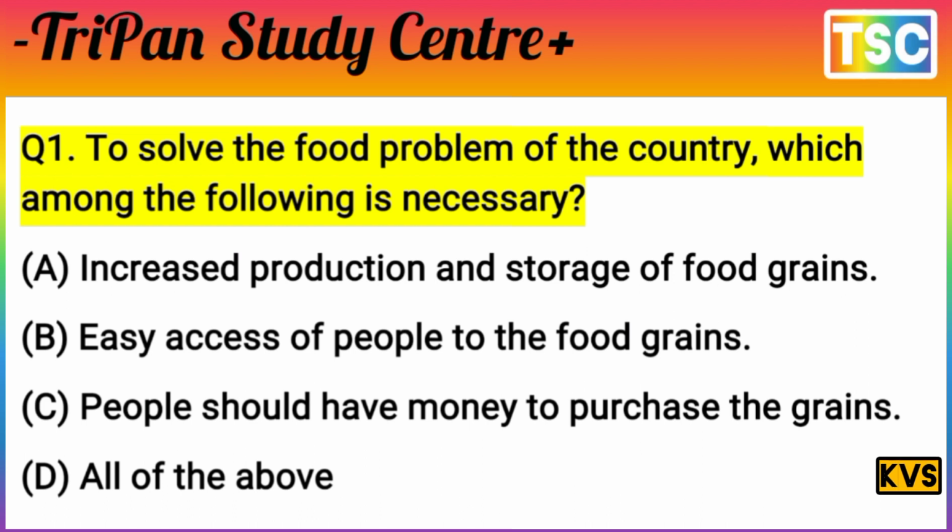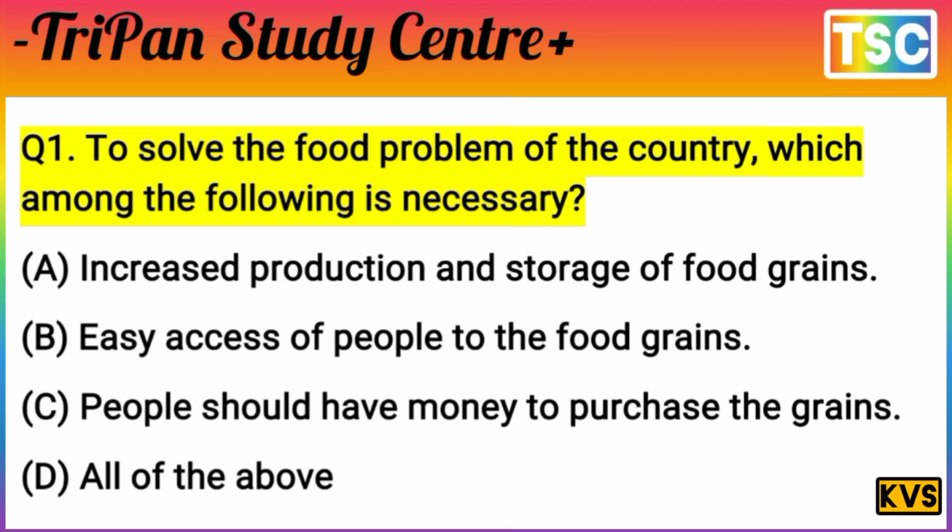The necessity is important, but one point is important. To solve the food problem of a country, there should be an increase in the production and storage of food grain, easy access for the people to the food grain, and people should have money to purchase the grain.